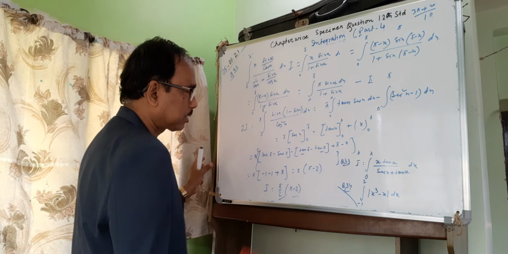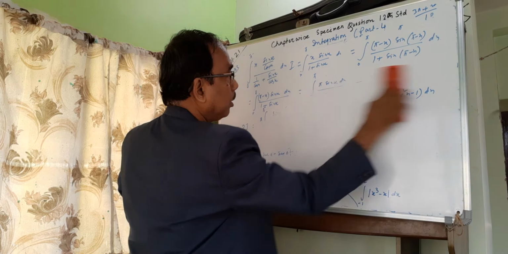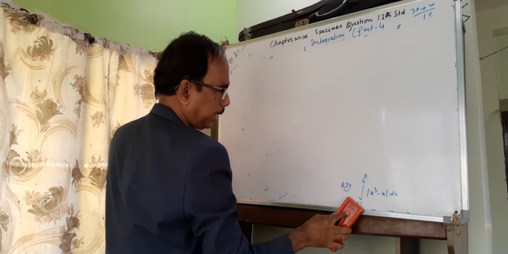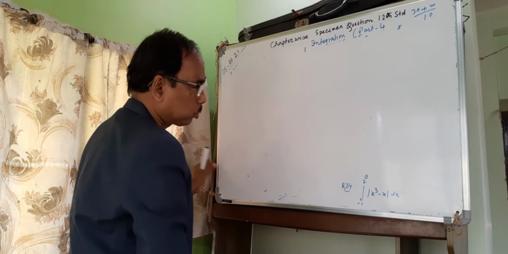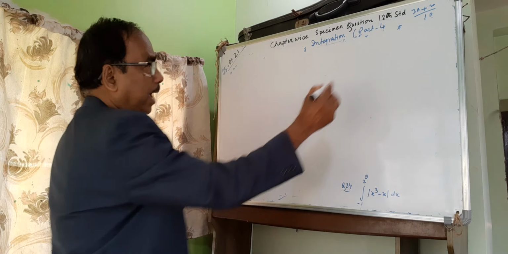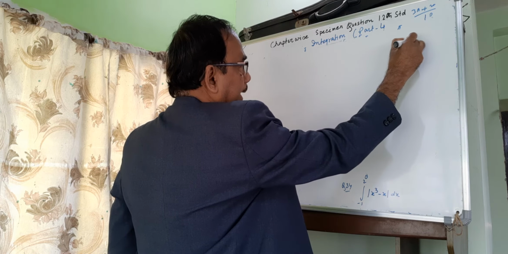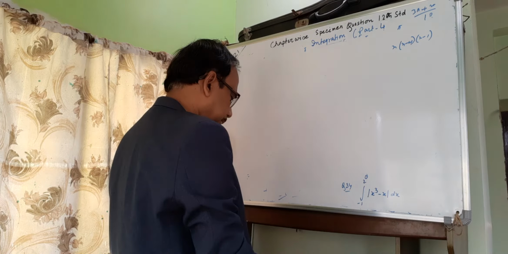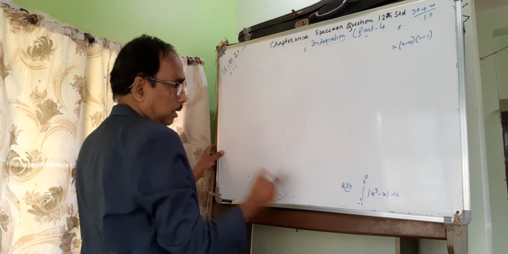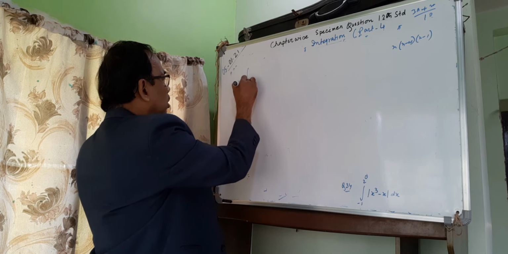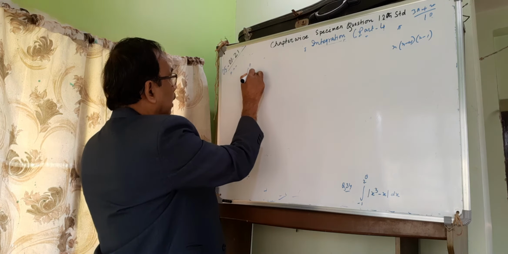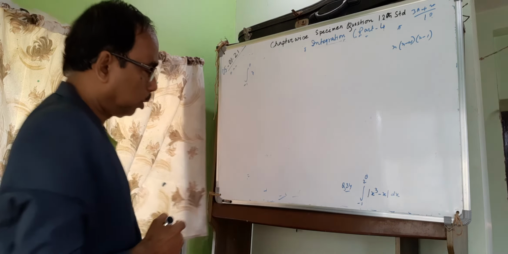Next sum, the last, number 34. Question number 34. It is also a modulus oriented sum, that is here x plus 1, x minus 1. We have to break like this, minus 1 to 0.